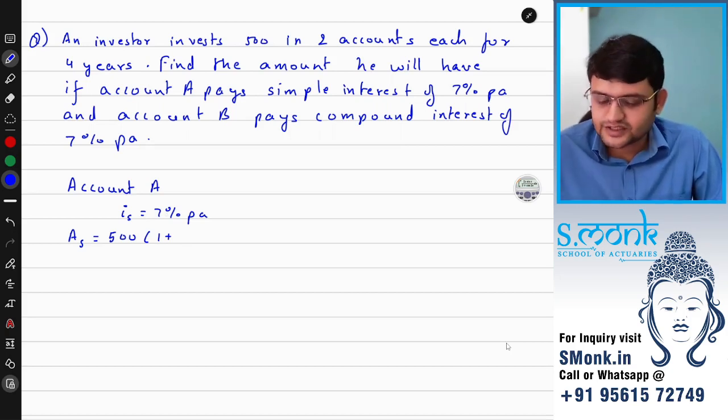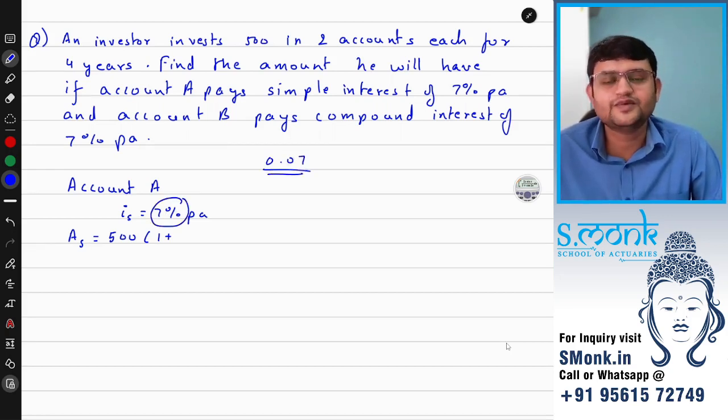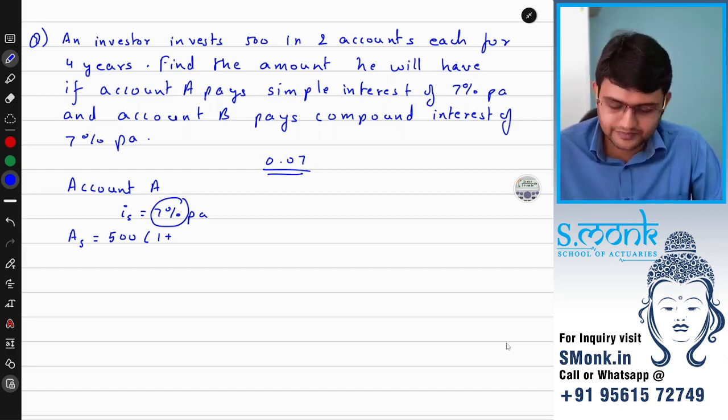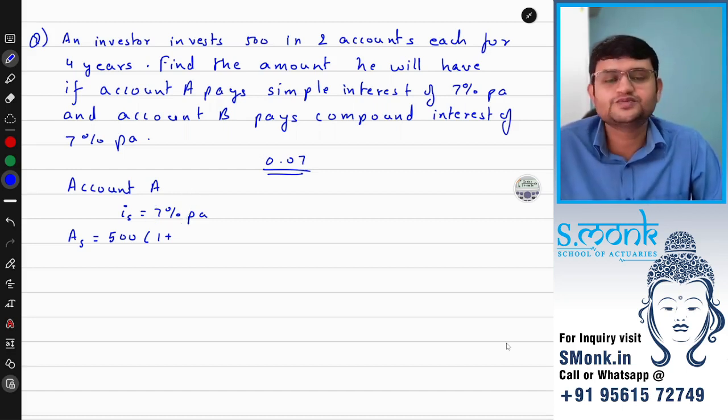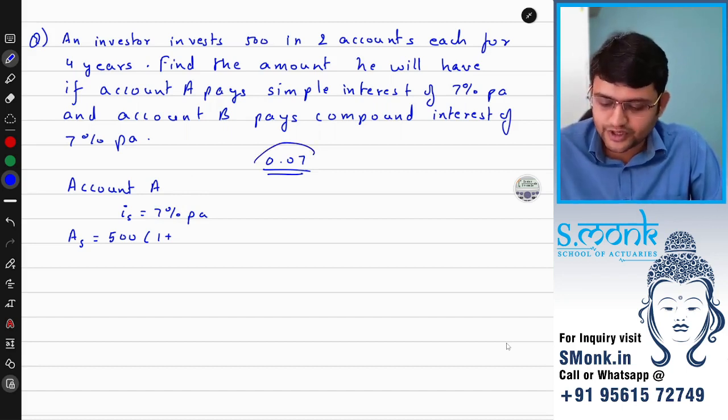See, 7% is same as 0.07. Whenever we are writing something in percent, that means it is divided by 100. Percent just means per 100, that is divided by 100. So it is actually 0.07.